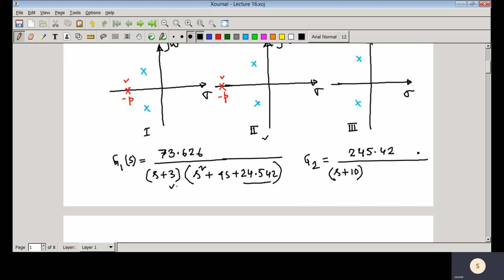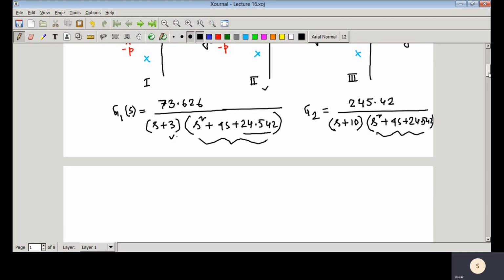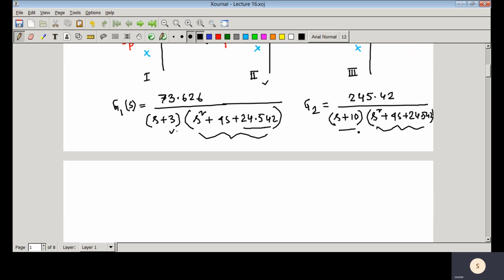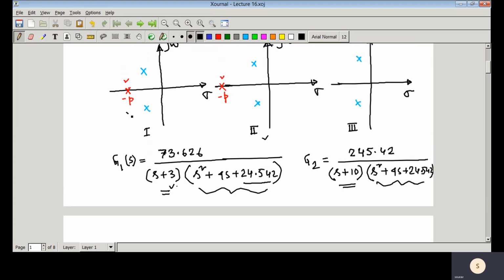So suppose it is at minus 10, s square plus 4s plus 24.542, and you can see that this particular part remains the same because that is the standard second order transfer function, and we are interested in C. That means if we introduce a pole, what is the effect of that pole in the time response, and we are gradually moving that pole towards the left. So this is at minus 3, this is at minus 10, and here we have shifted it to minus infinity.